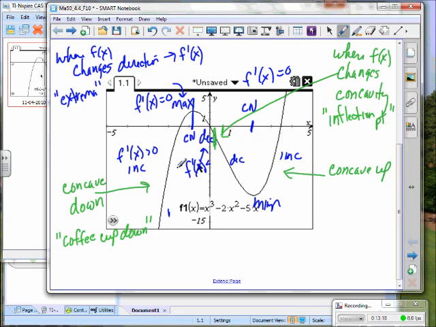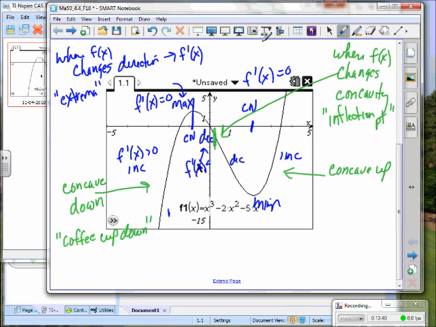Now, if the function doesn't change direction, we don't have an extrema, but we could still have the first derivative be 0. And so we're going to take a look at what happens at those points. So at the extrema, where the direction changes, is where the first derivative is 0.